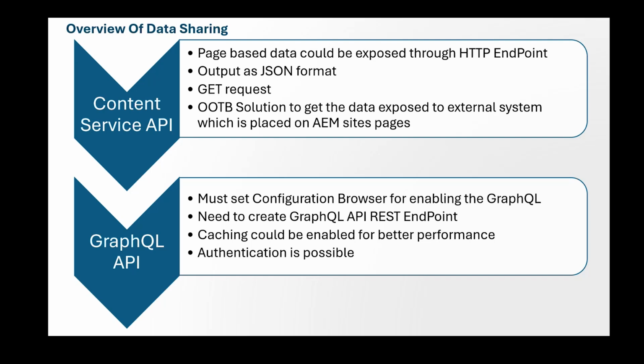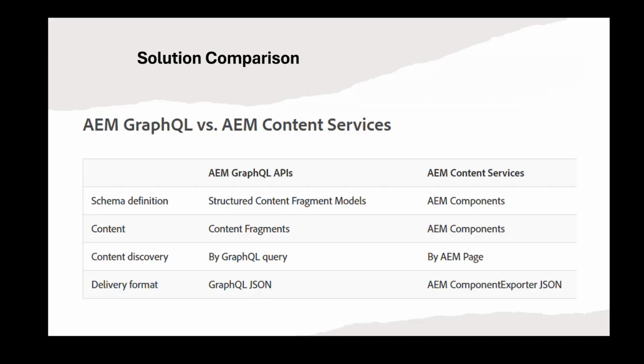GraphQL API and Content Service API have some comparison. Let's see that as well. When we are talking about the schema definition, Content Service API is based on the AEM content components, as we are placing every content on the AEM web page.